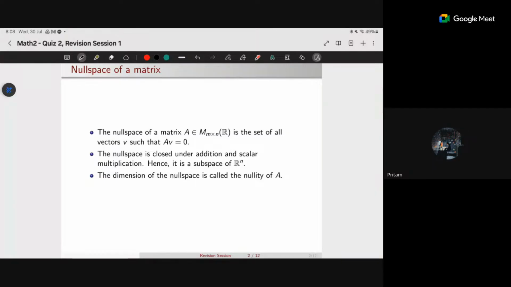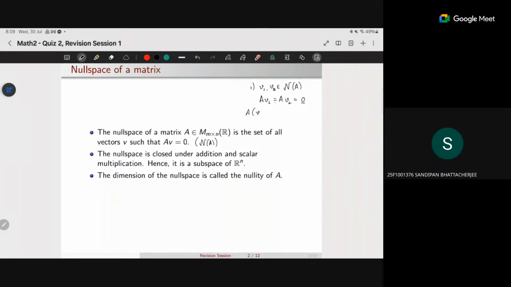To see that, it is not very difficult. What are the two things that need to be verified to show that something is a subspace? The closure under addition and scalar multiplication. So if we take up closure under addition, for instance, what does that mean? Let me say that the null space is denoted by N(A). If V1 and V2 are in it, it means that AV1 is equal to AV2 is equal to 0, the 0 vector.